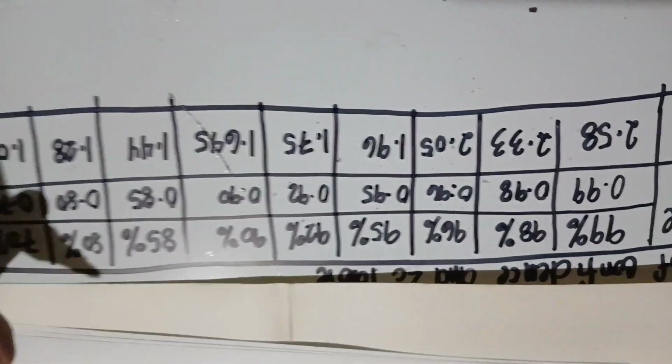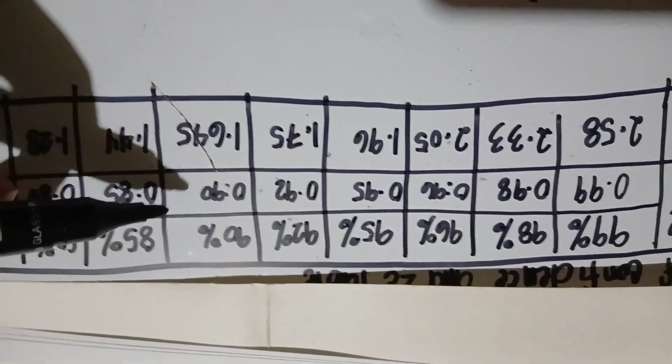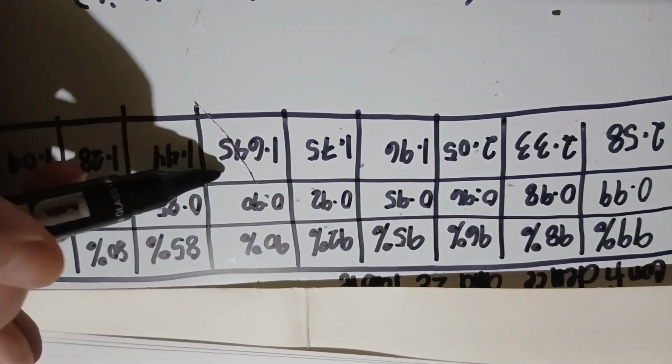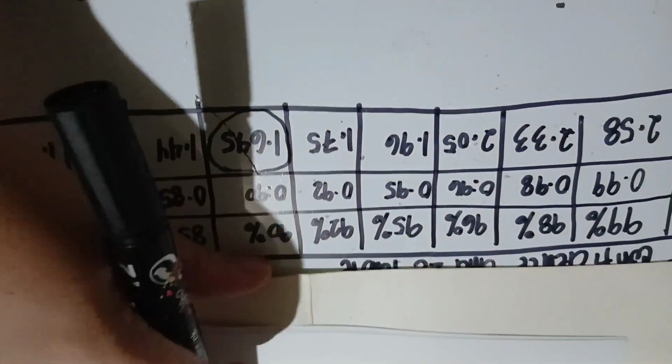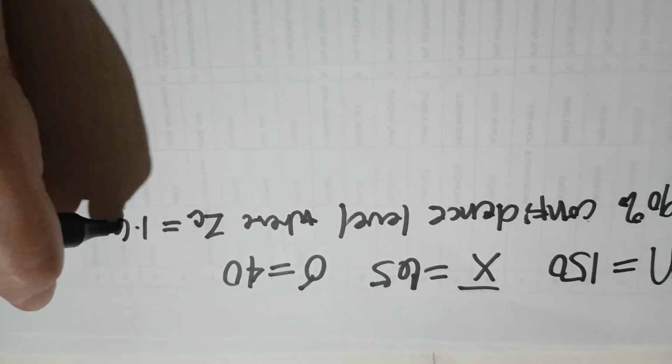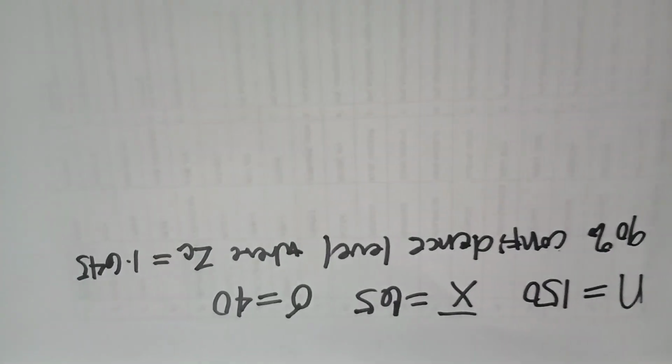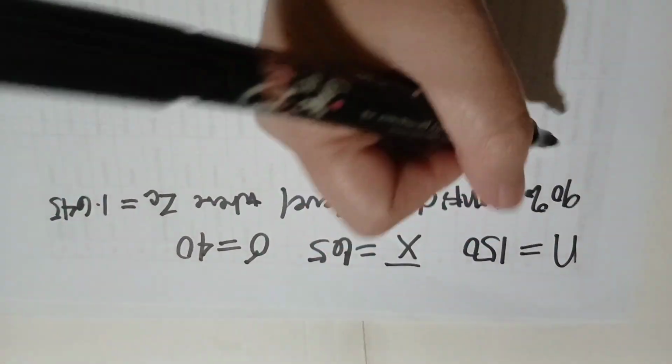At 90, we have 1.645. Okay, so we write it here. This is step 1.